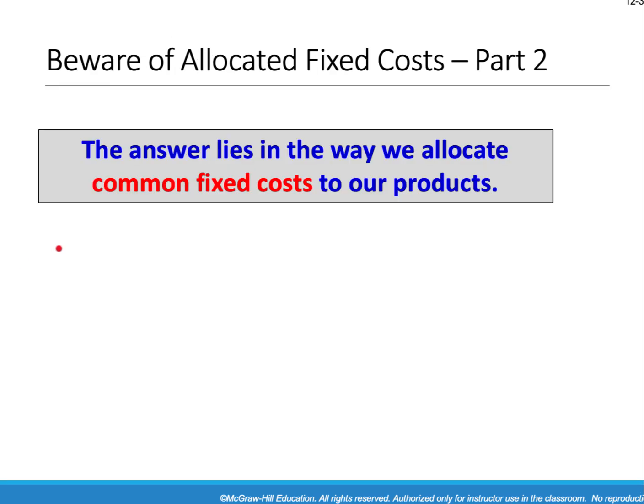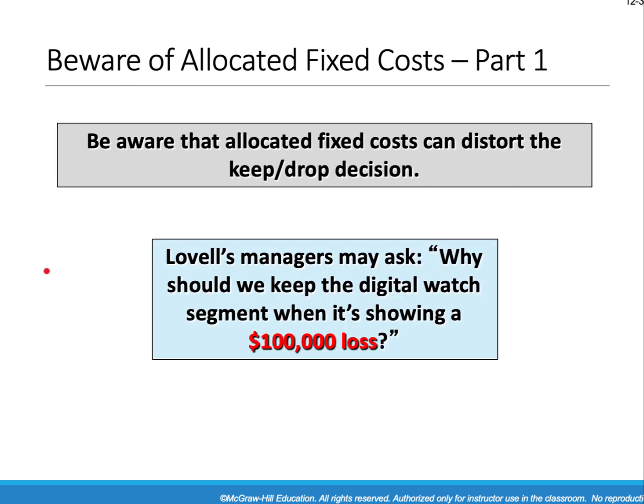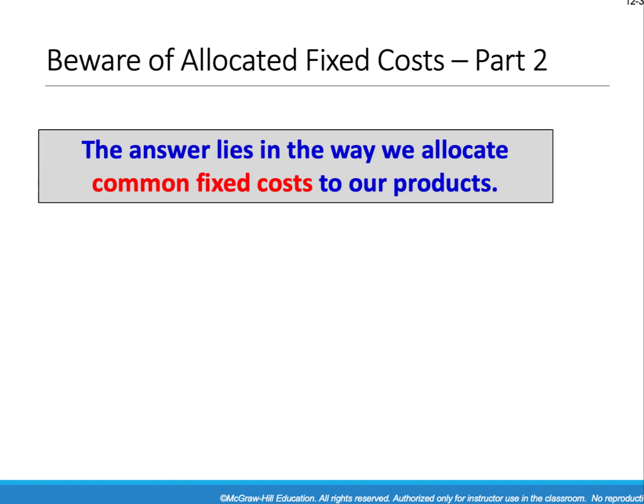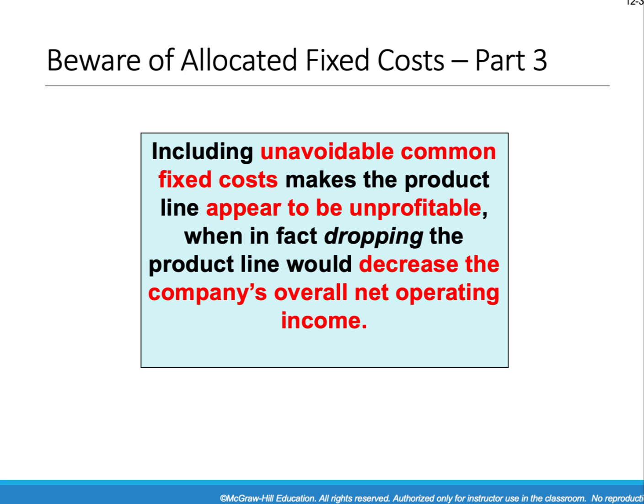So again, the answer lies with those fixed costs, right? In the sense that we're allocating common fixed costs to our products. When we include the unavoidable common fixed costs, that makes the product line or the segment really look unprofitable.